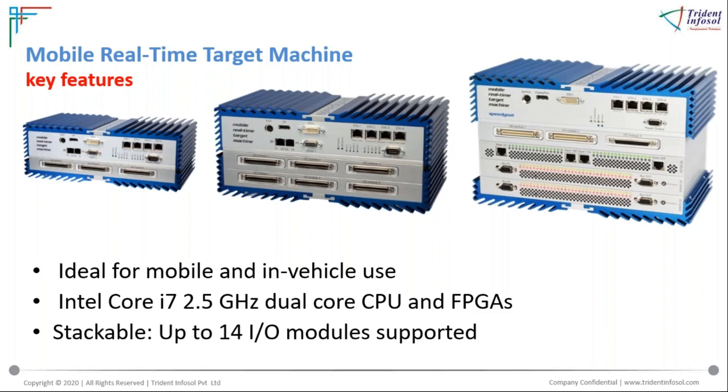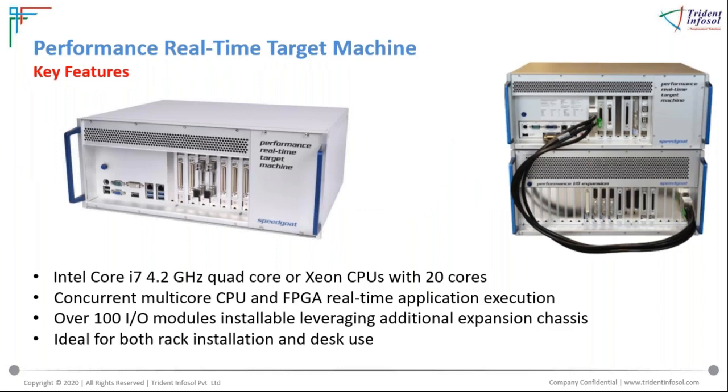We can add 7 IO modules, and we can also go up to 14 IO modules. What you're seeing on the slides are 3 different types of the Mobile real-time target machine, where the number of IO cards that you can insert in the machine is different in each of them.